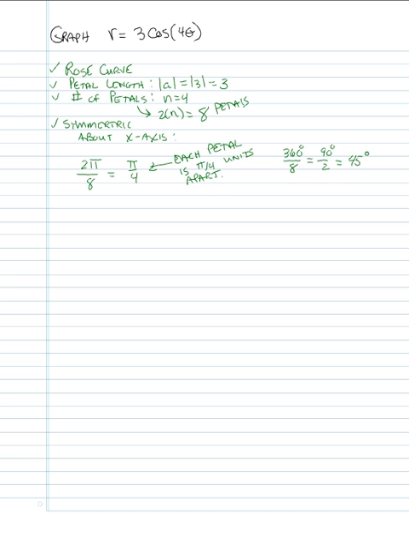Okay, I guess it's about time to set up graphing. We could also figure out where that first petal is, but let me set up my graphing right now. Okay, we want to graph this, so let me set up our coordinate axis here.